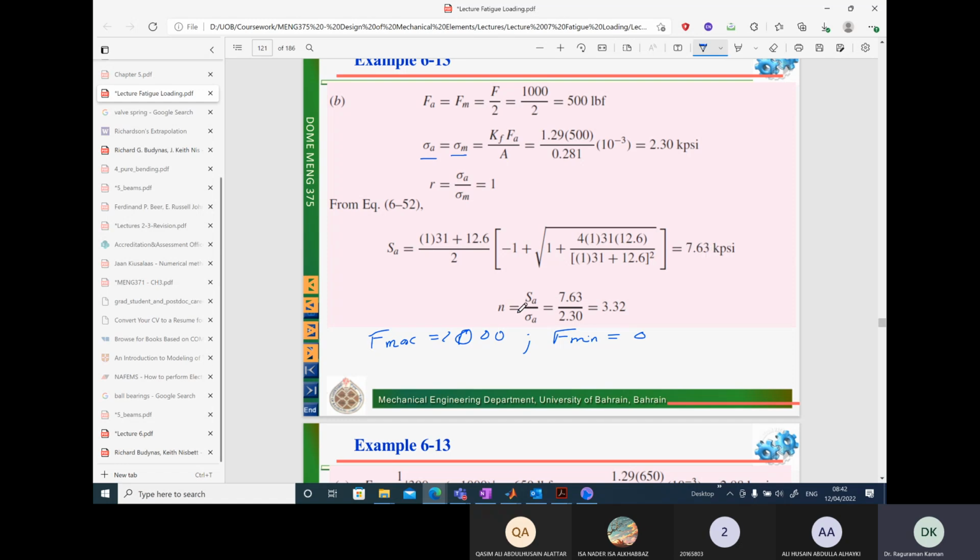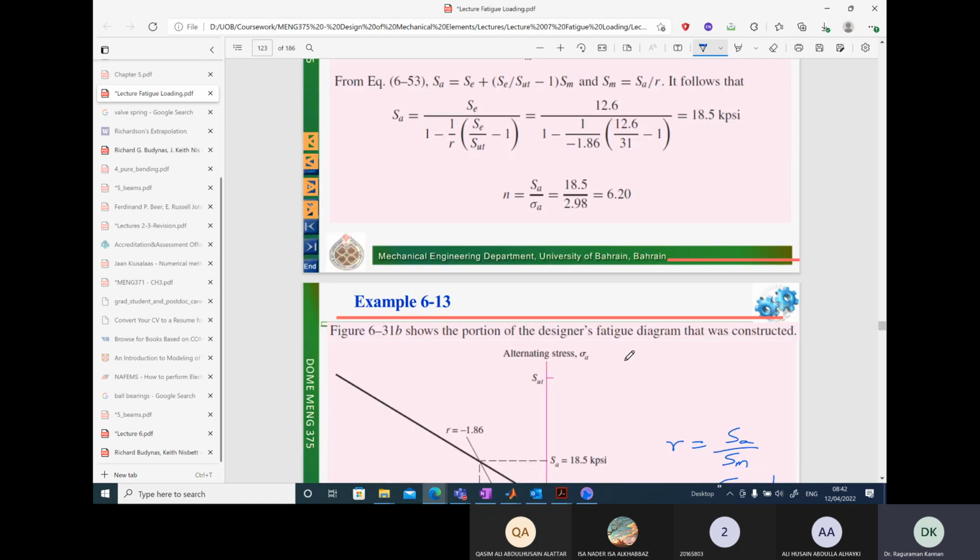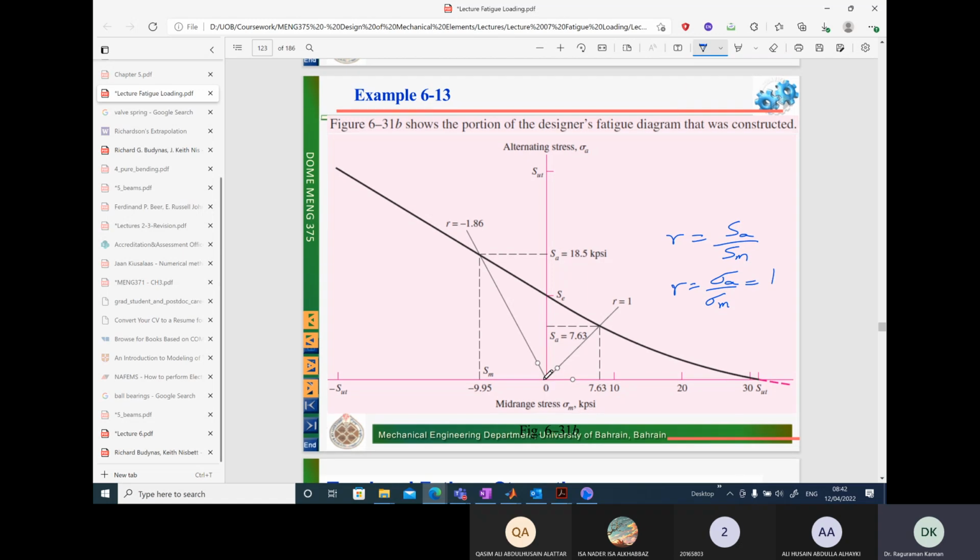Okay, now again, if you want to figure out whether you are inside the limit or outside the limit, then again we calculate the factor of safety, N. If you want to do it according to the graphical method, we need to get the values of the length OA and OB. So N will be OB over OA. But what is OB?